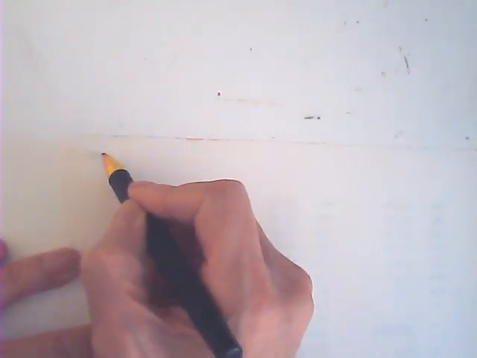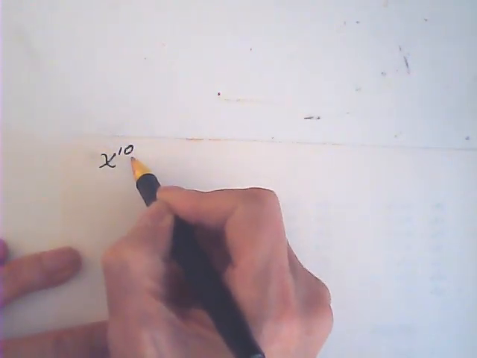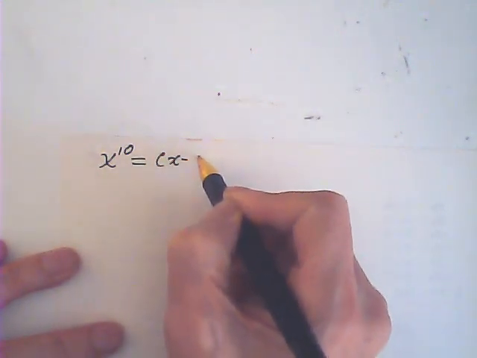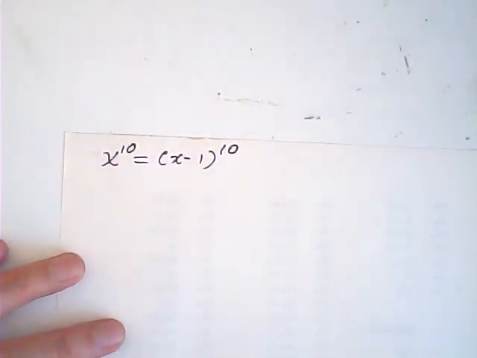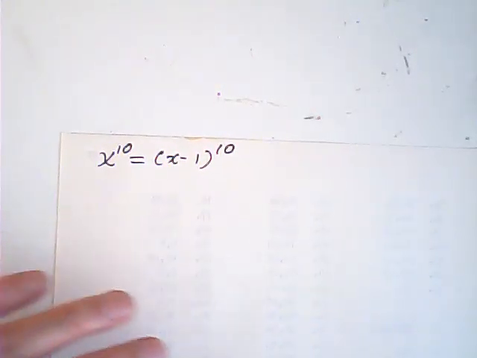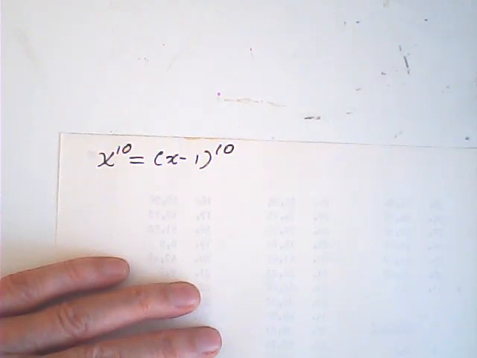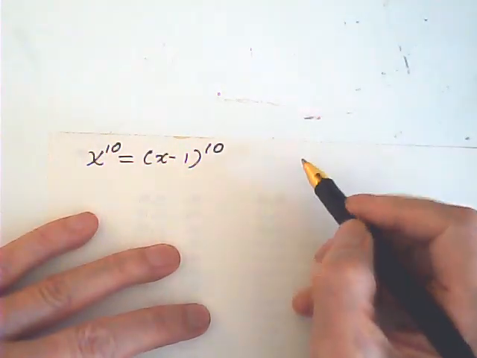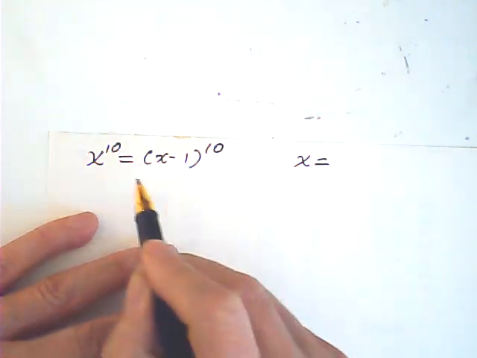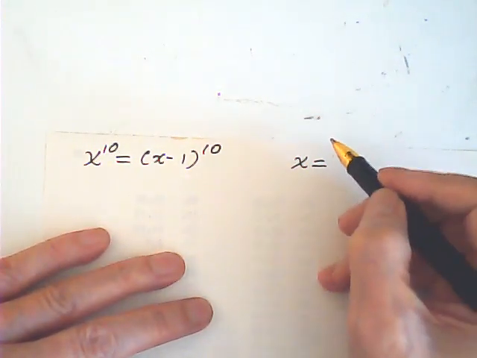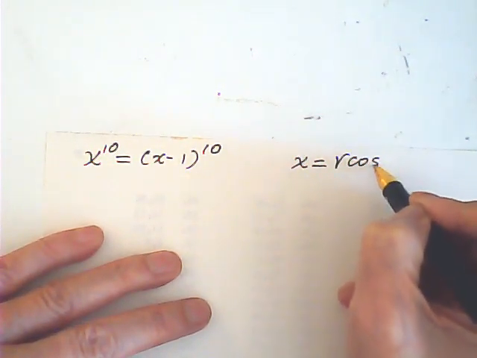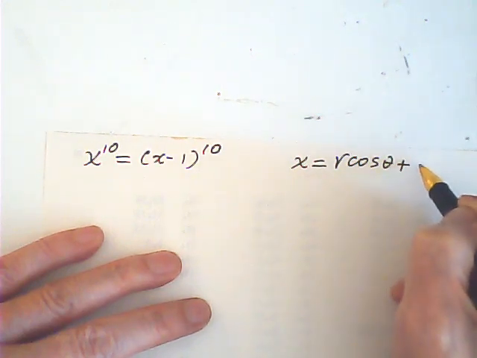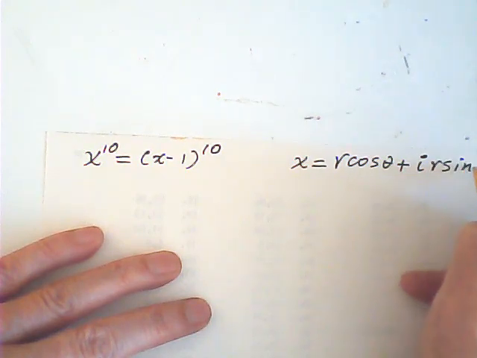Now, second method. x to the 10th is equal to x minus 1 to the 10th power. We are looking for x. x must be a complex number, r cosine theta plus i r sine theta.